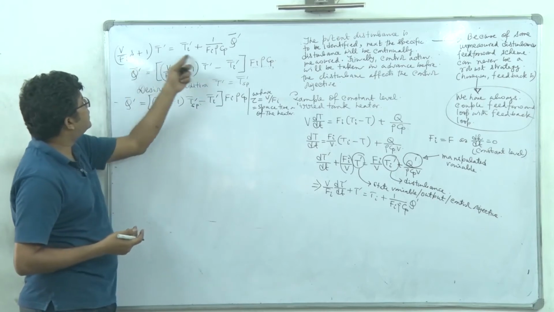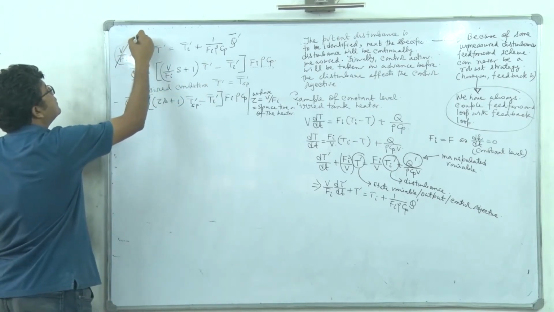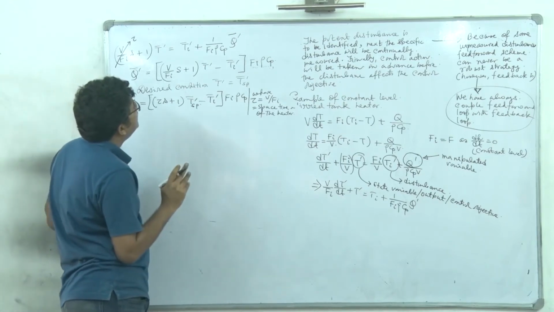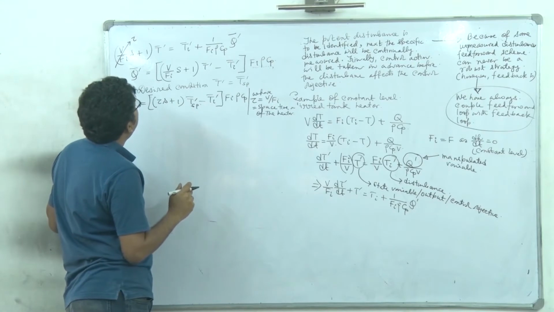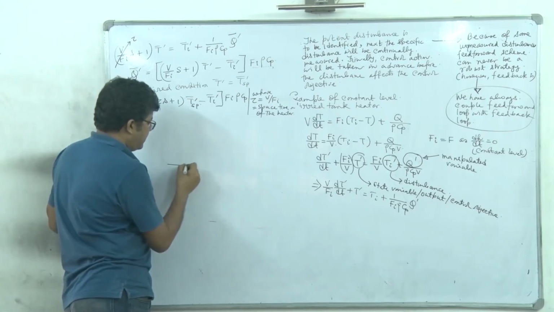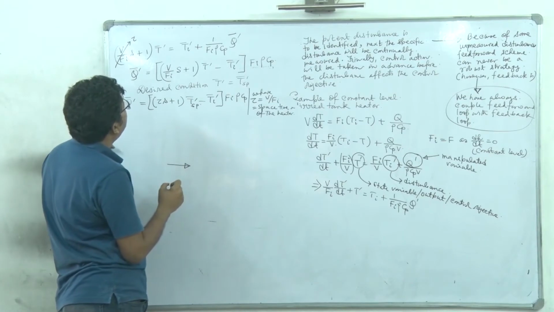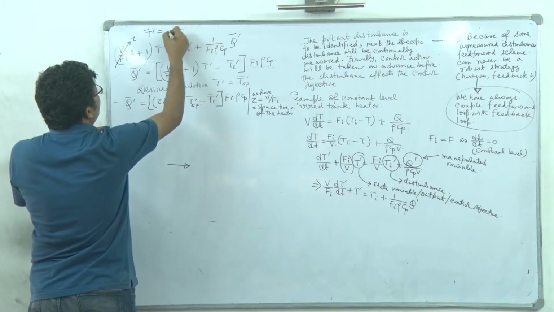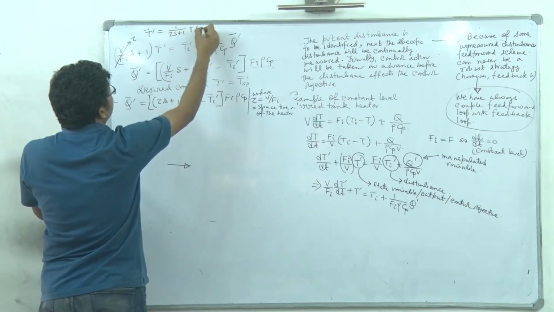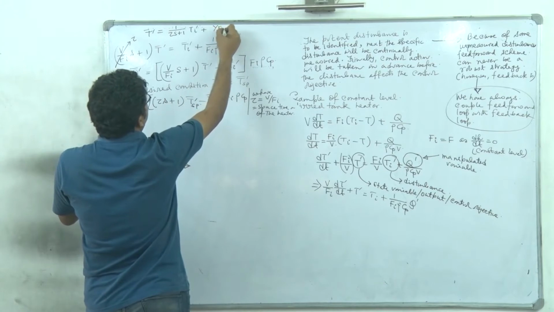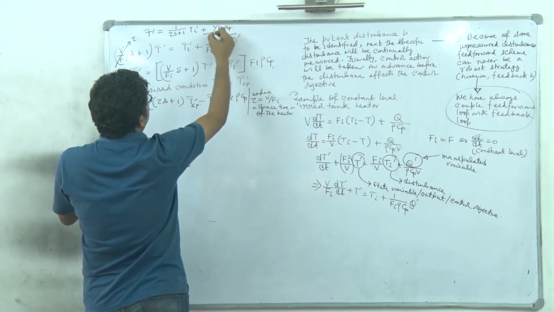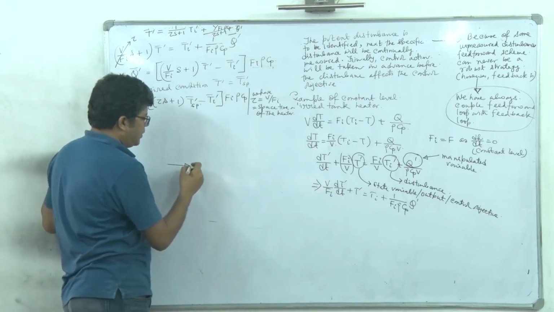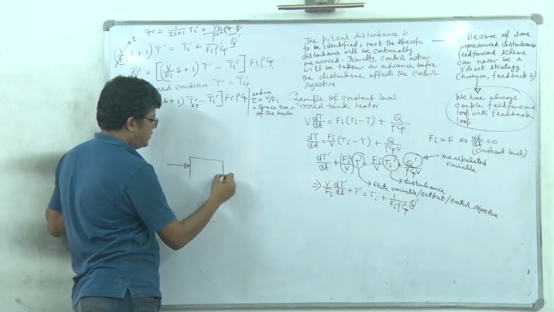You see from this process, this is tau. So the process here is quite simple. We have T prime bar equal to 1 divided by (tau s plus 1) Ti prime bar plus (1 divided by Fi rho Cp) divided by (tau s plus 1) q prime bar. So my open loop will be something like this.